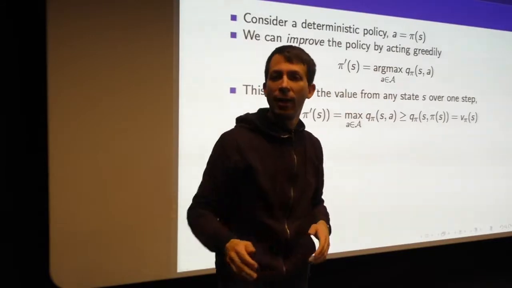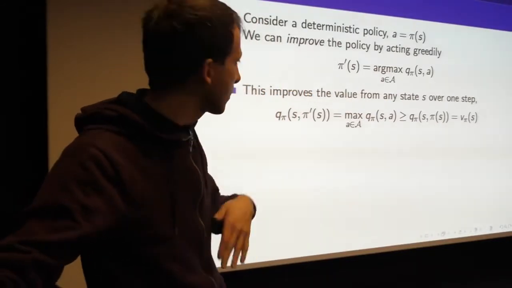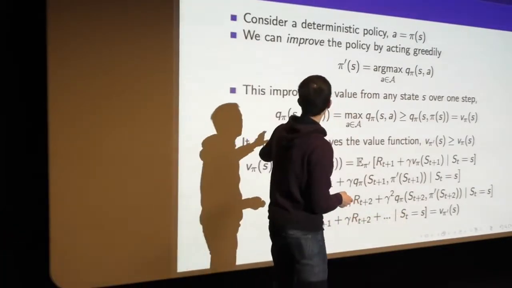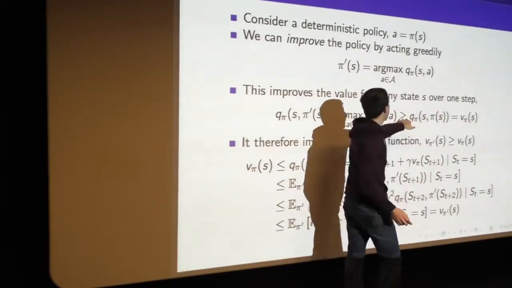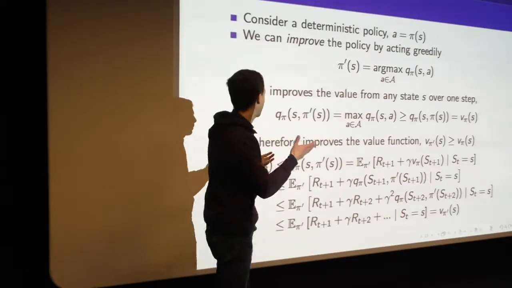Then all we have to do is iterate this using a telescoping argument. We've got our result, which tells us that v pi is less than or equal to this q pi term. That's our premise.